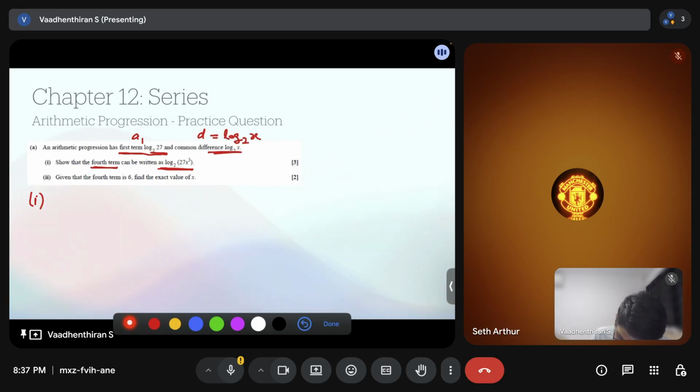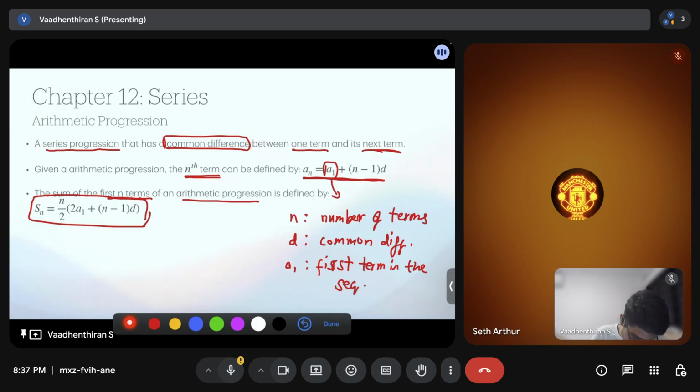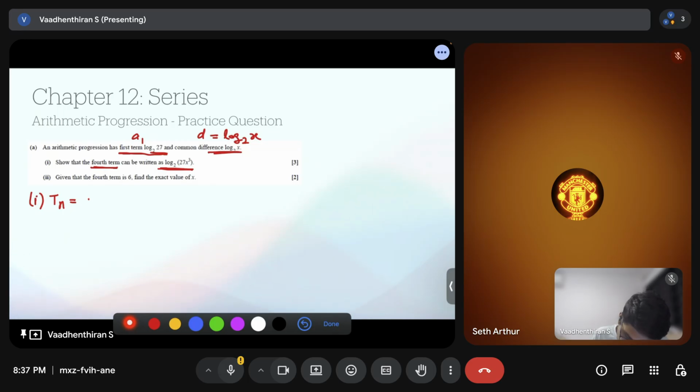So first you need to find the nth term before you can find the fourth term. The nth term will be from the equation here, so it will be a1 plus n minus 1 d. So a1 is log 2 27 plus n minus 1 log 2x.